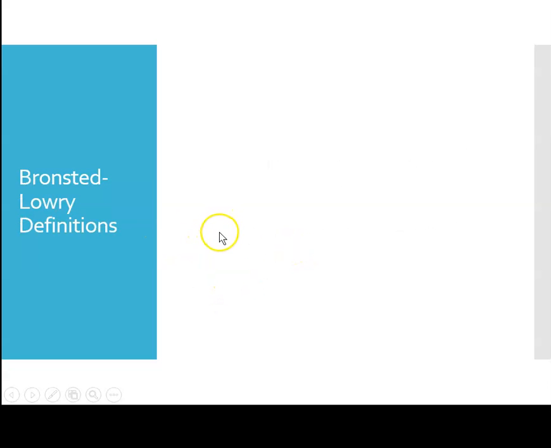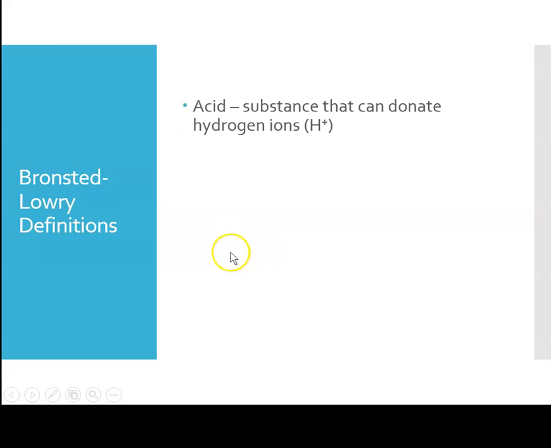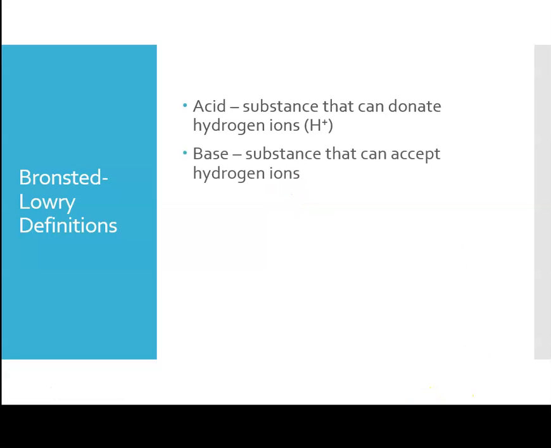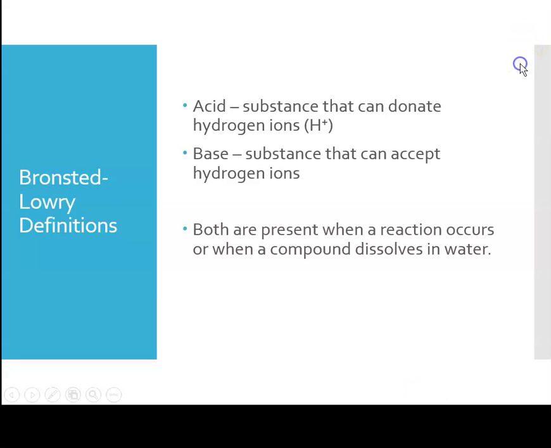Okay, Bronsted-Lowry definitions. This is what we will focus on for most of our equations. An acid is a substance that can donate a hydrogen ion. And then a base, a substance that can accept hydrogen ions.